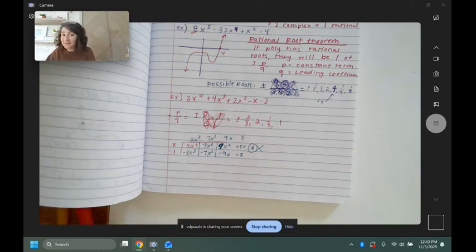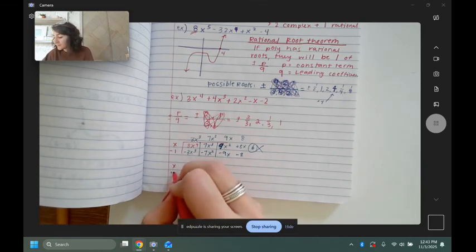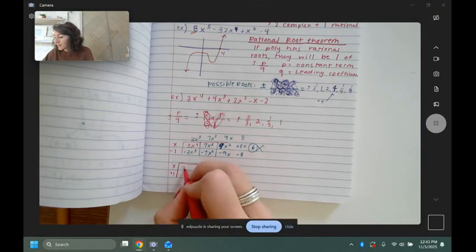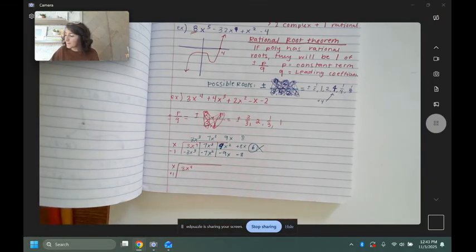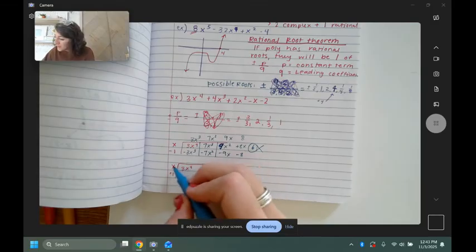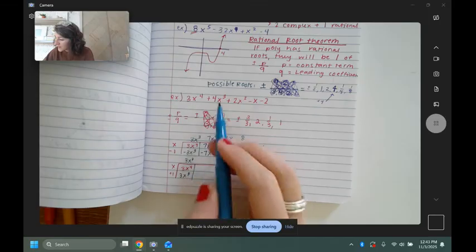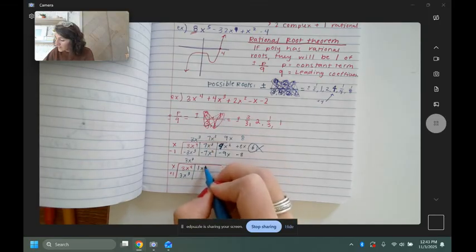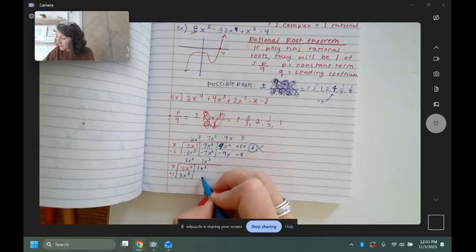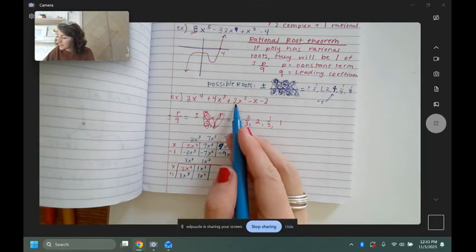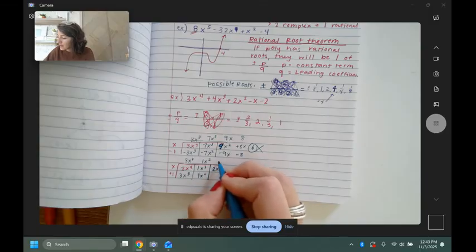Let's try positive 1. 3x to the 4th. Okay. So this will be 3x cubed. These two need to add to 4, so 1x cubed. Multiply it down. These two need to add to 2, so 2x squared.